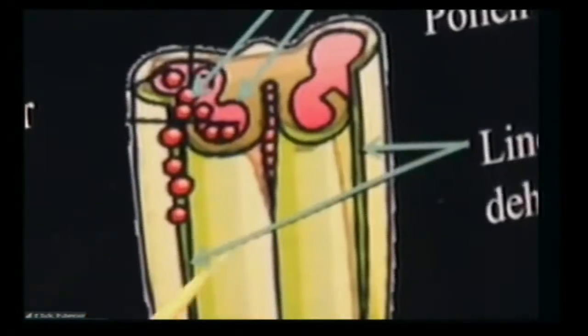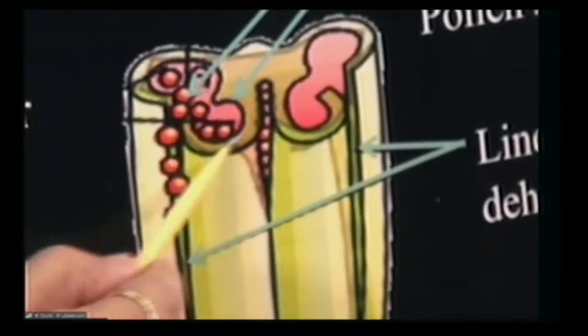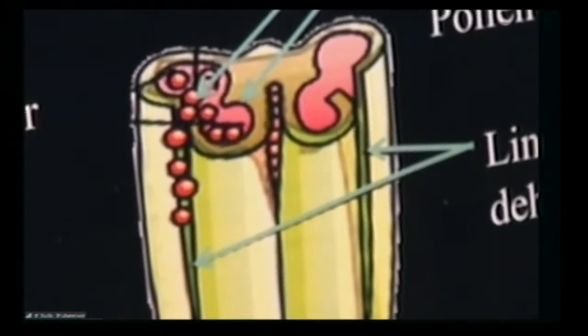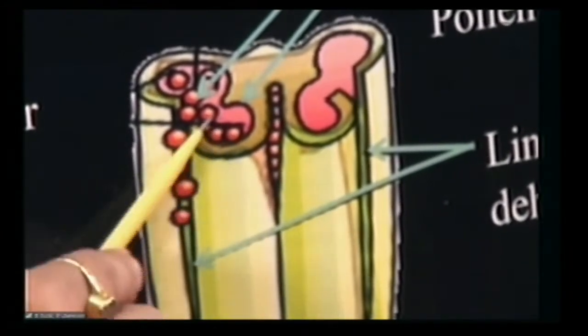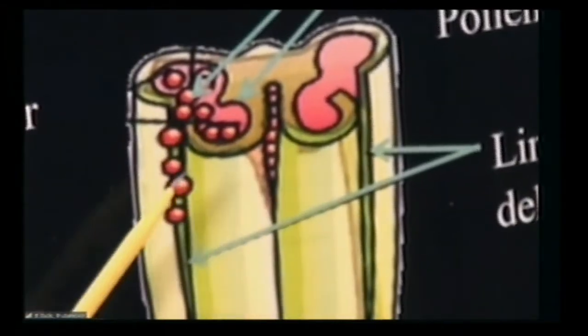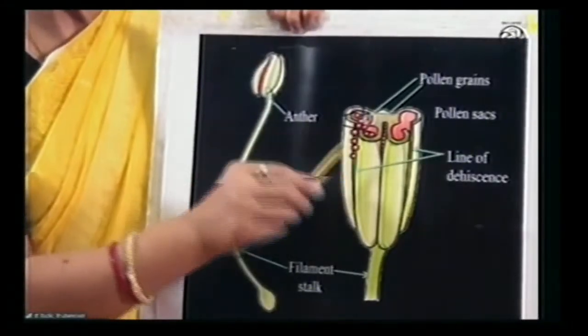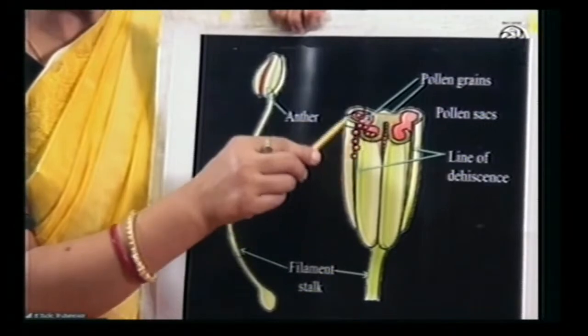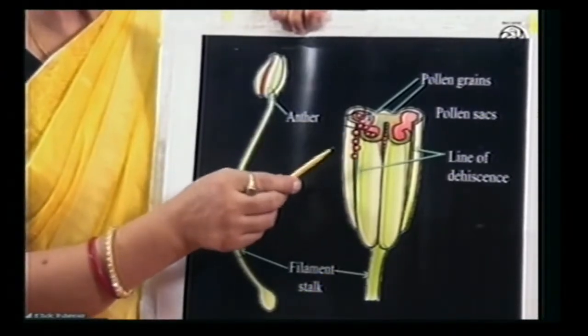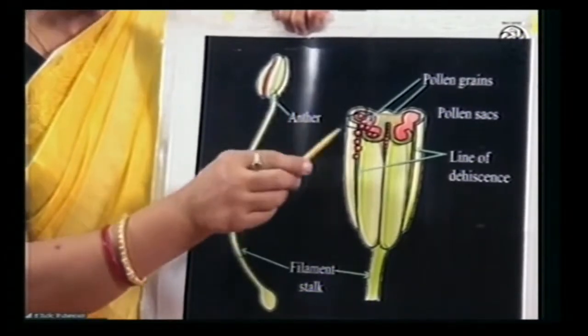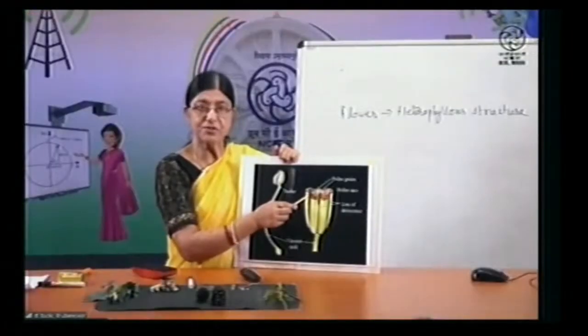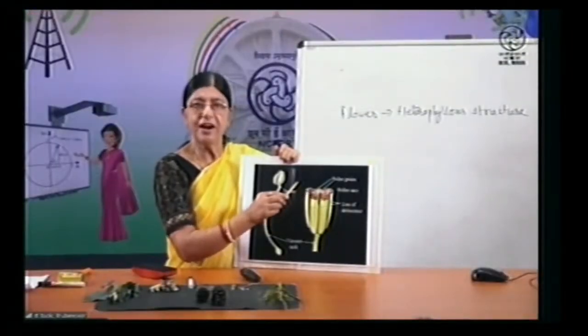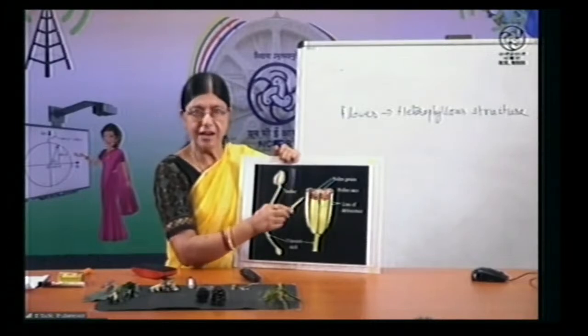This sac-like structure, which contains this mass of tissue, is called a sporangium. And as here we are discussing the male part of the plant, this sporangium will be called a microsporangium. Micro itself means small, but the term micro is also associated with sexual parts of many male reproductive parts.